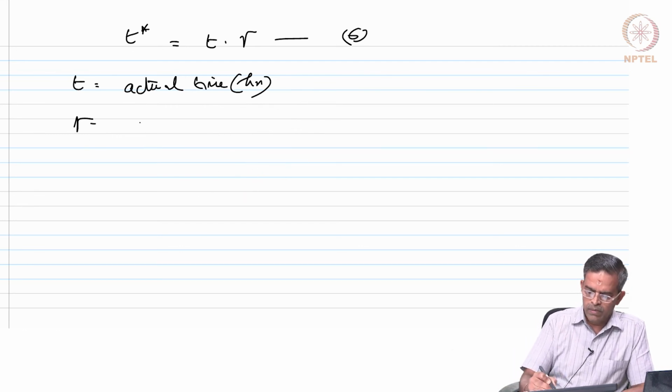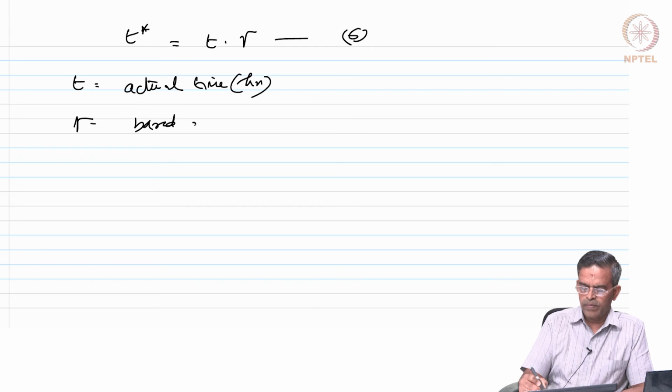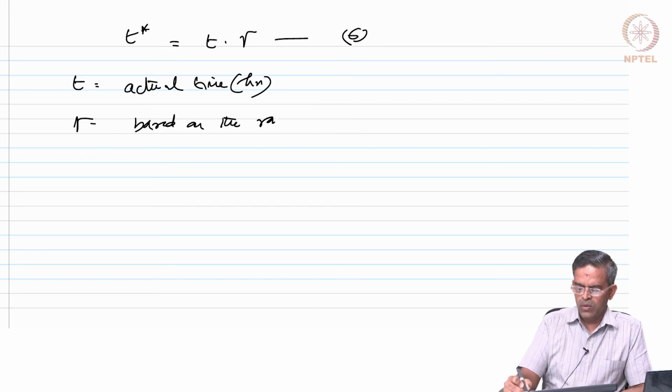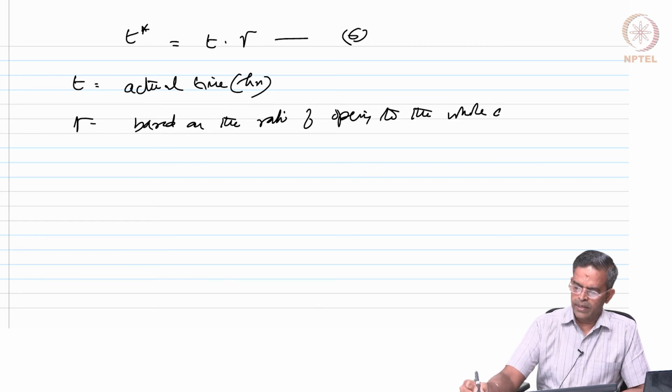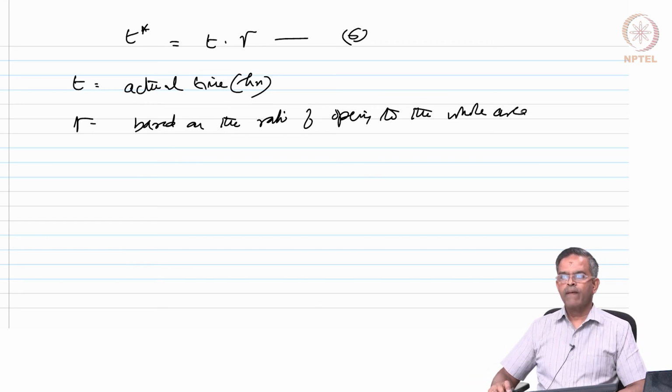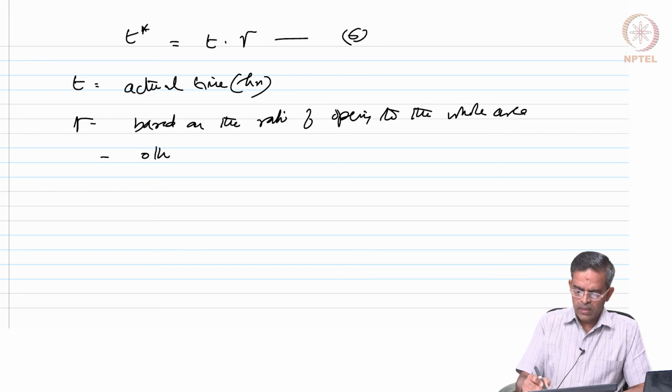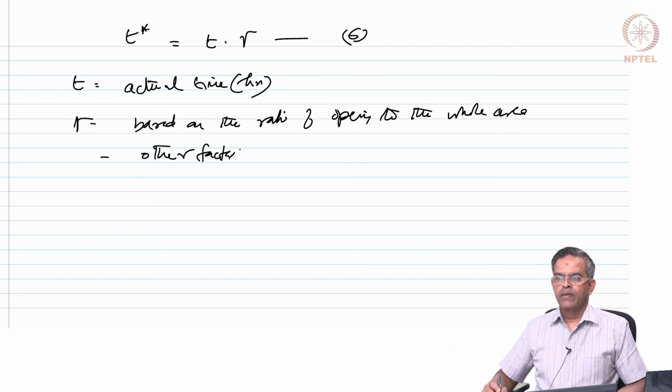So, gamma is based on the ratio of the opening to the whole area. This is referred to as other factors that influence the design.